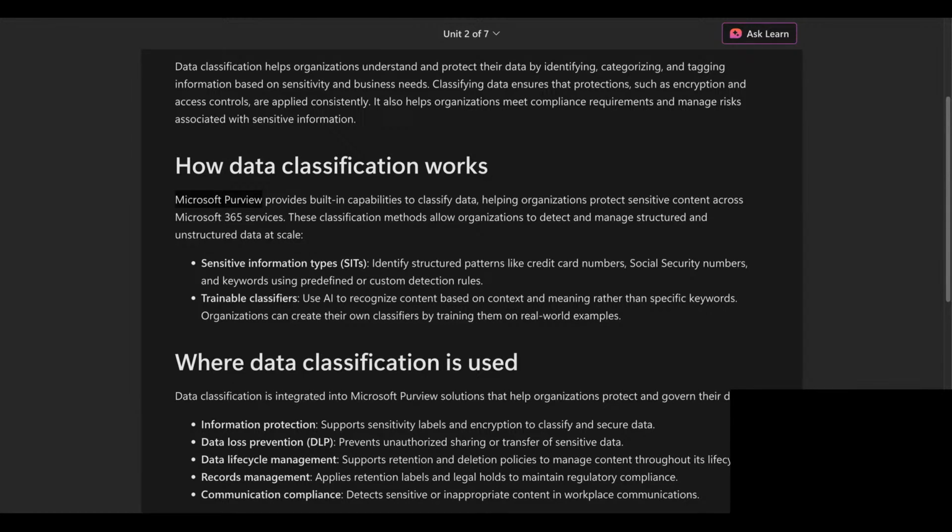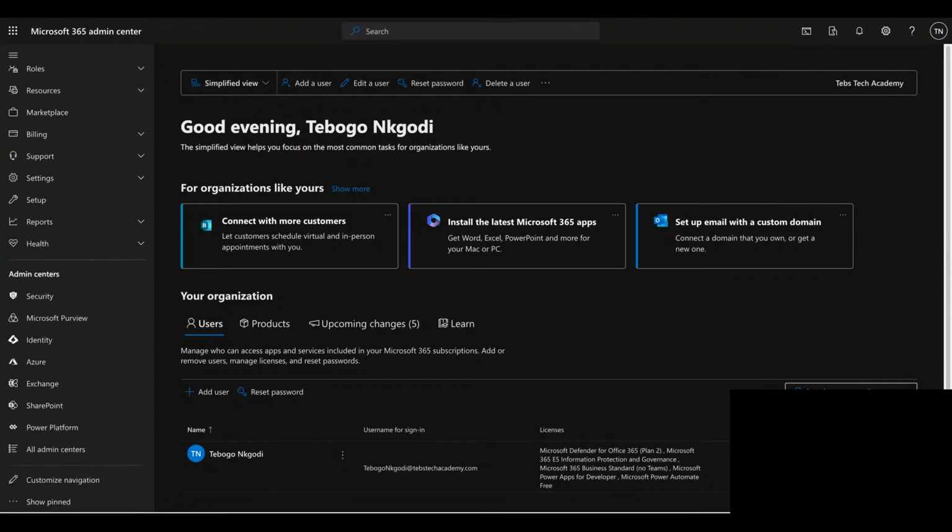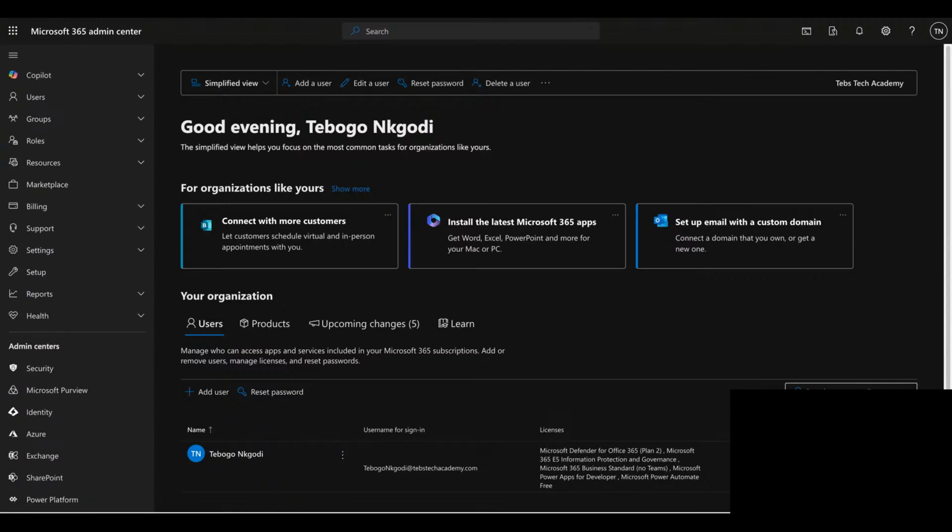Okay. I see I'm not sharing. Let me share my screen. Yeah. So now you can see my screen. This is Microsoft 365 Admin Center. So this is one of the tools, but there are many, many tools that you can use for data protection. This is one of them.